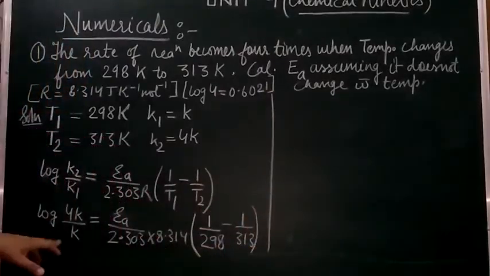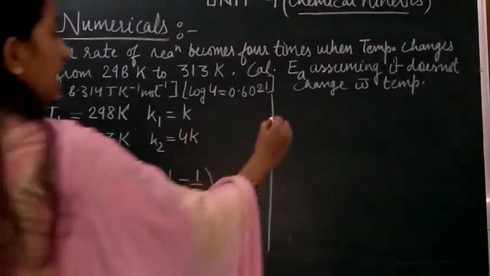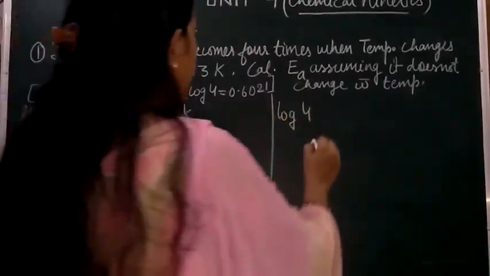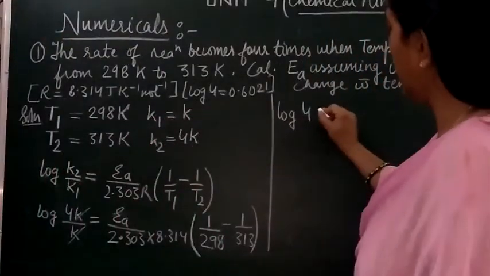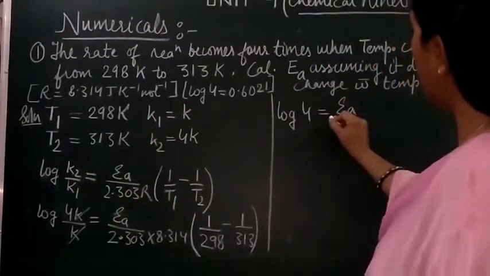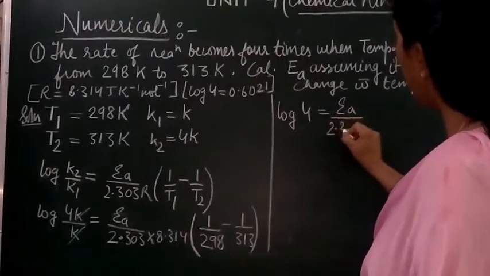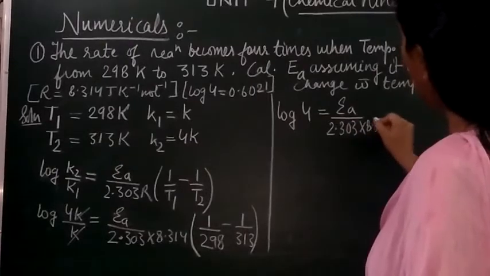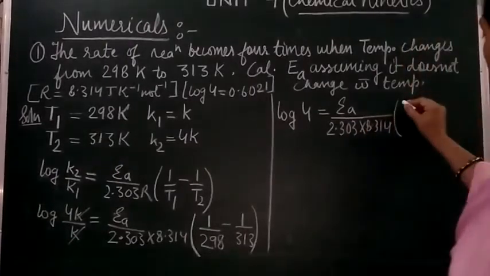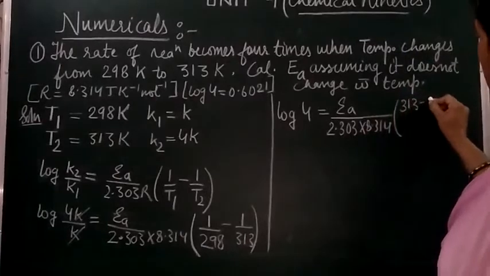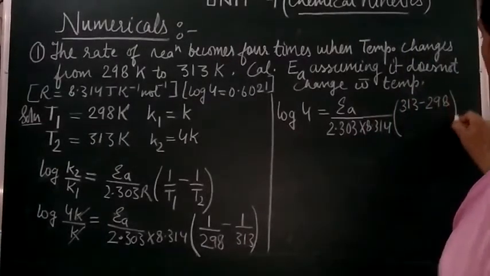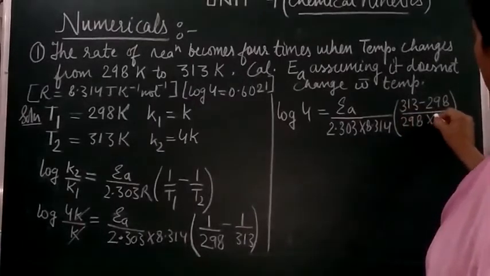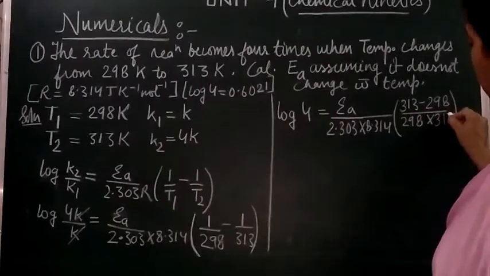Right, students? So here K and K will get cancelled and we will get log 4 equals Ea upon 2.303 into 8.314. Within bracket we can write 313 minus 298 upon 298 into 313.